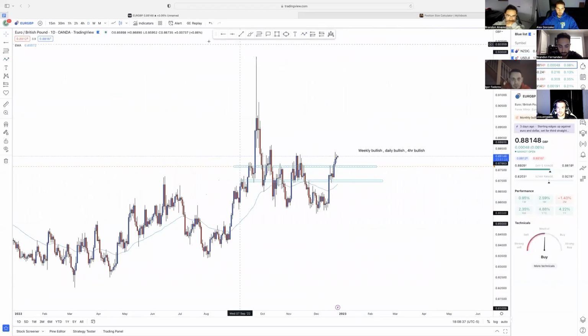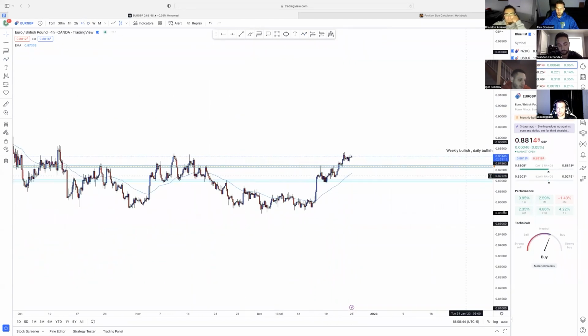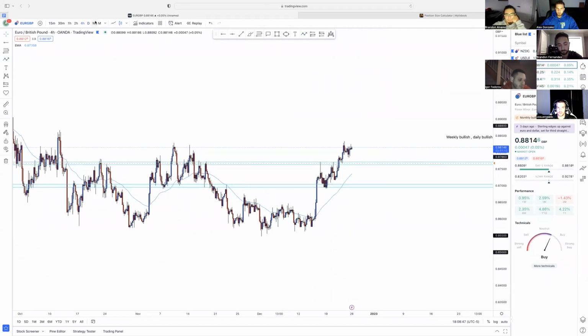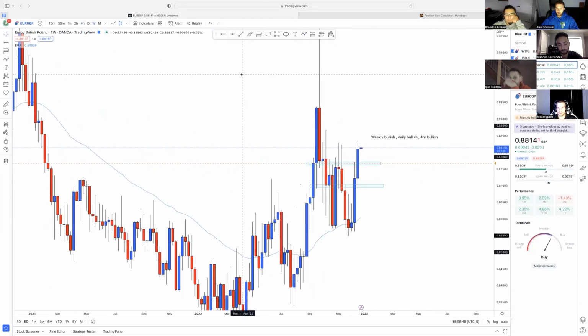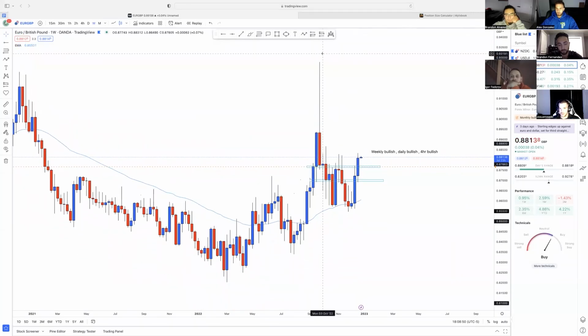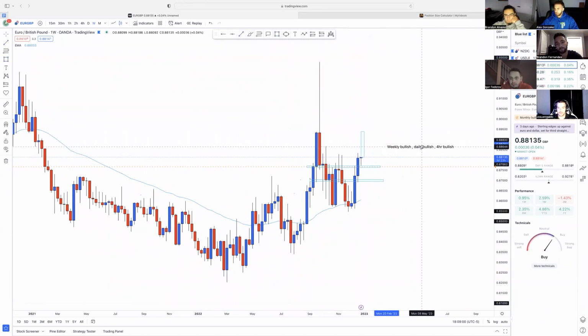Then we have Euro GBP, which we're waiting for a little pullback into this level to go long, which I like. The only thing that makes it a little annoying is that we can have a bigger retracement on the weekly. You've got to be realistic. Do you think this little wick is going to be enough to give it a big push to the upside? Probably, but probably not.